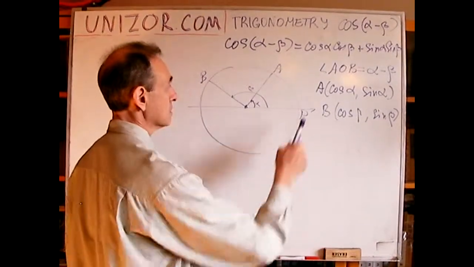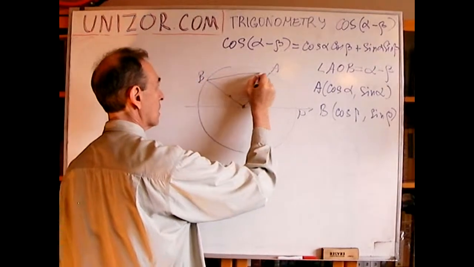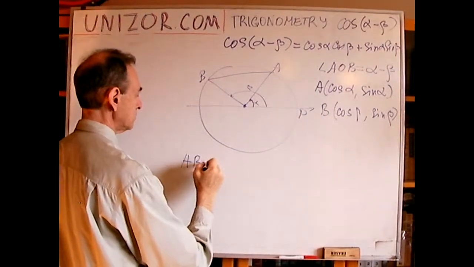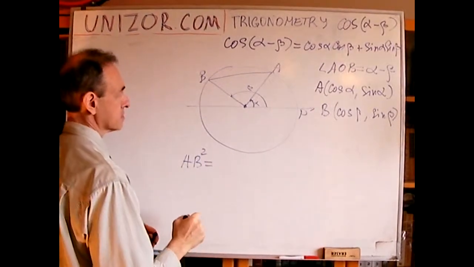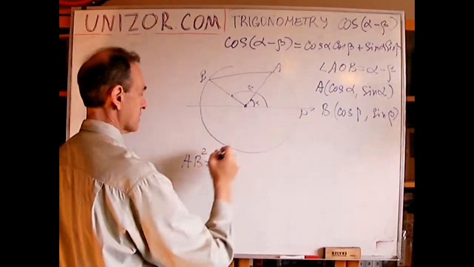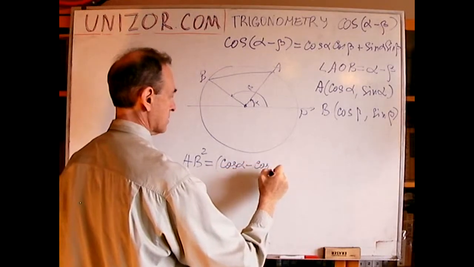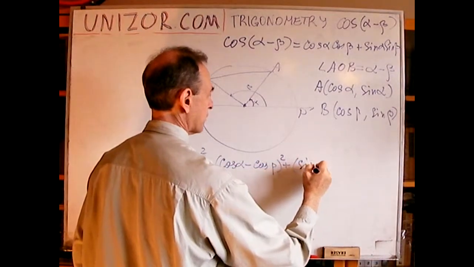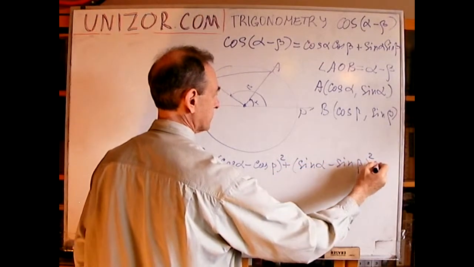So, the distance between A and B, which is the length of this segment AB, squared, is equal to the square of the difference between abscissas plus the square of the difference between ordinates.